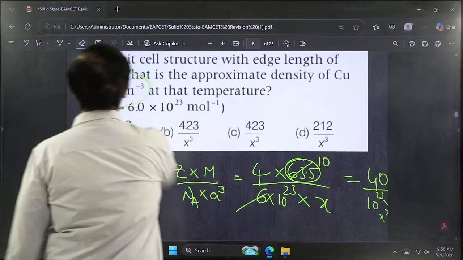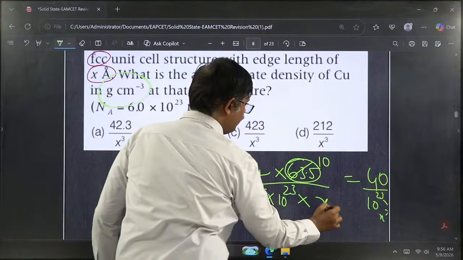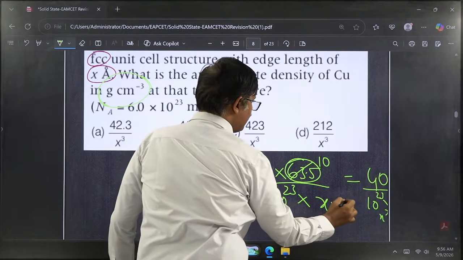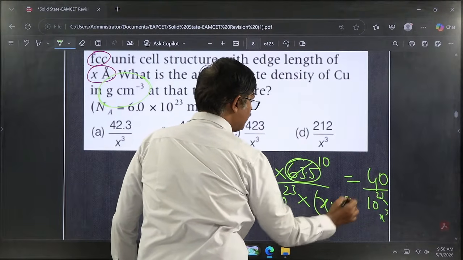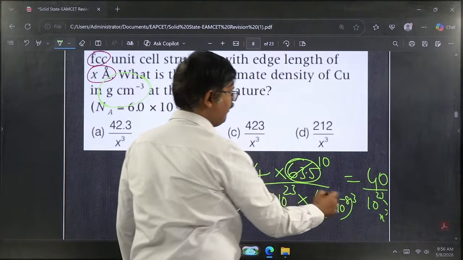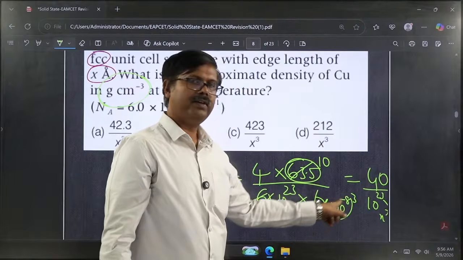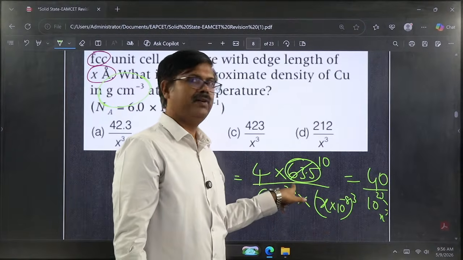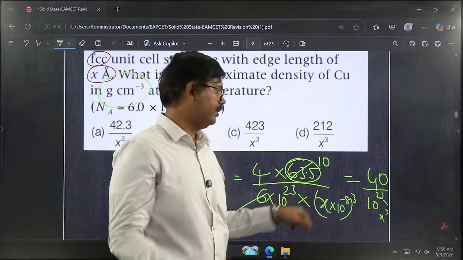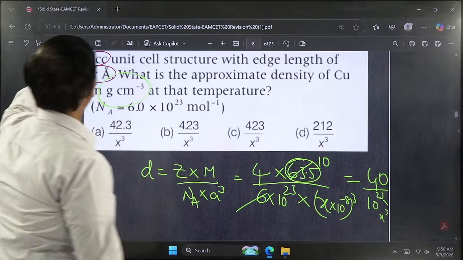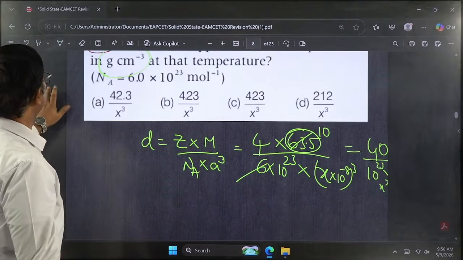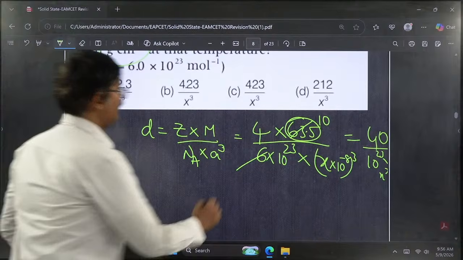Actually, X into 1 angstrom is 10 power minus 8 centimeters. This is the value in centimeters cube. So 8 into 3 is 24, 10 power minus 24, and 10 power 23. You will get 10 power... So simplify this one.